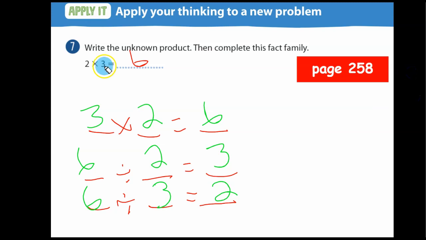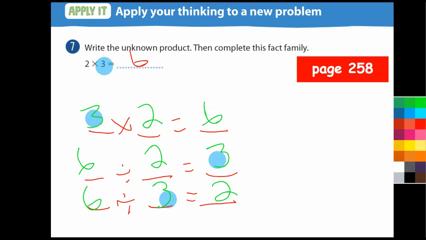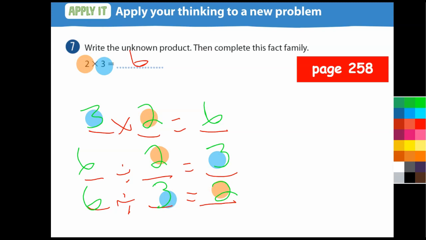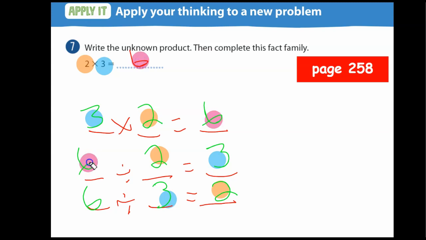See? 3, 3, 3, 3. 2, 2, 2, 2. And 6, 6, 6, 6. Same 3 numbers.